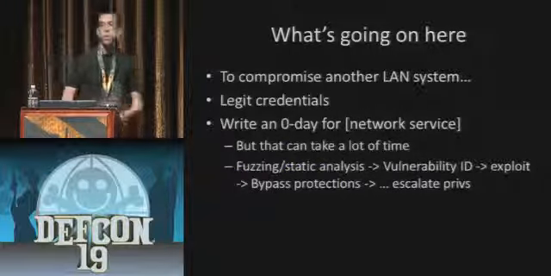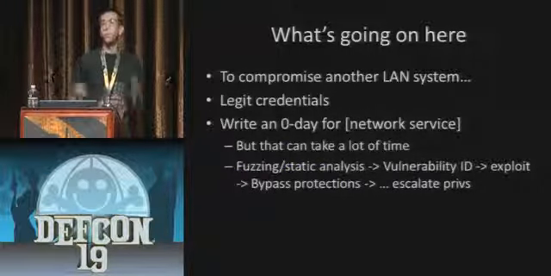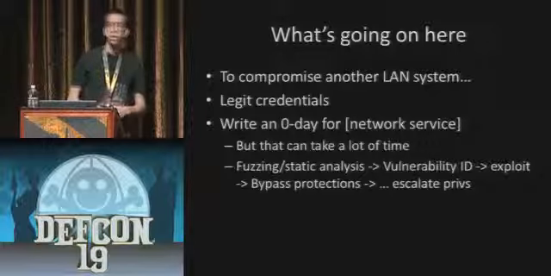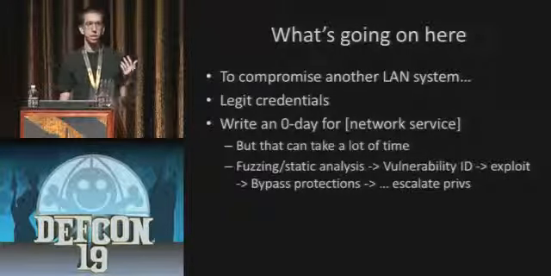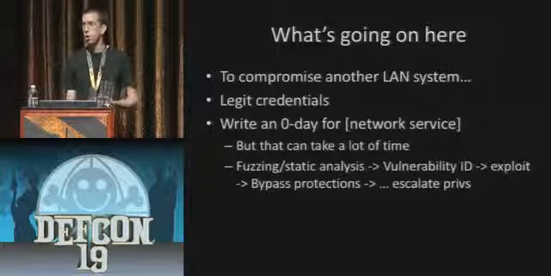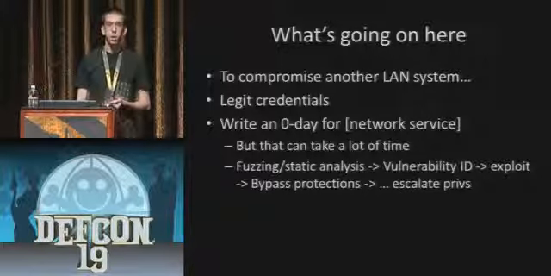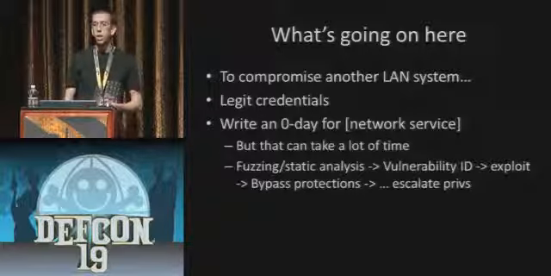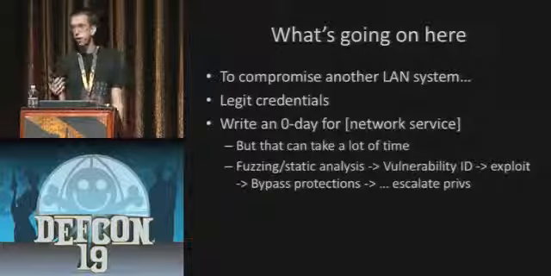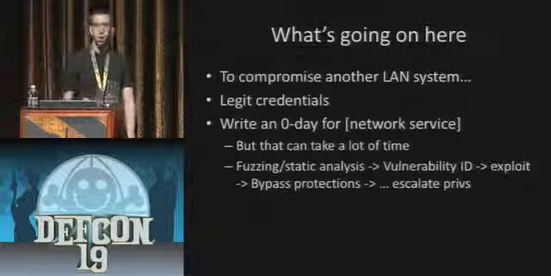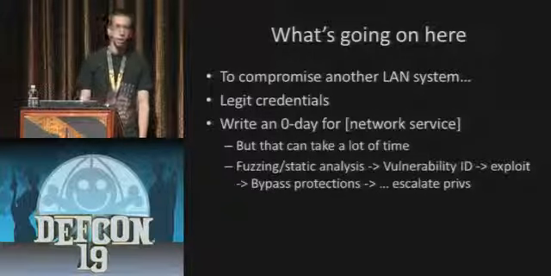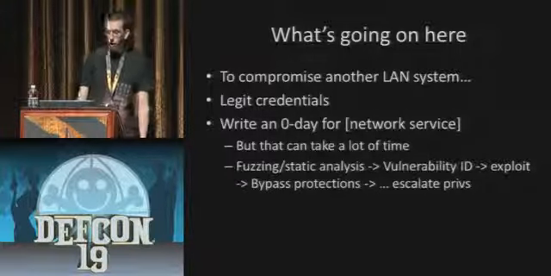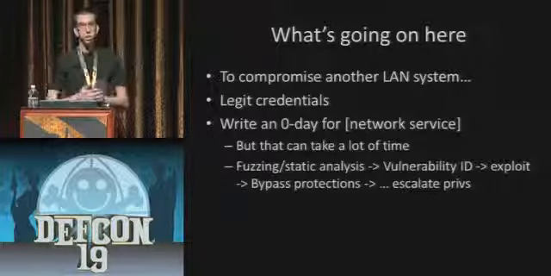So, first of all, let me give you a brief overview of what this talk is about. This is designed with the scenario in mind that you have access to a network somehow. Maybe you've plugged your computer into the network, or maybe you've compromised a system in the LAN. You got somebody to click OK on your signed applet or exploit their browser or PDF or however you did that. And what you need to do is escalate privileges to root.